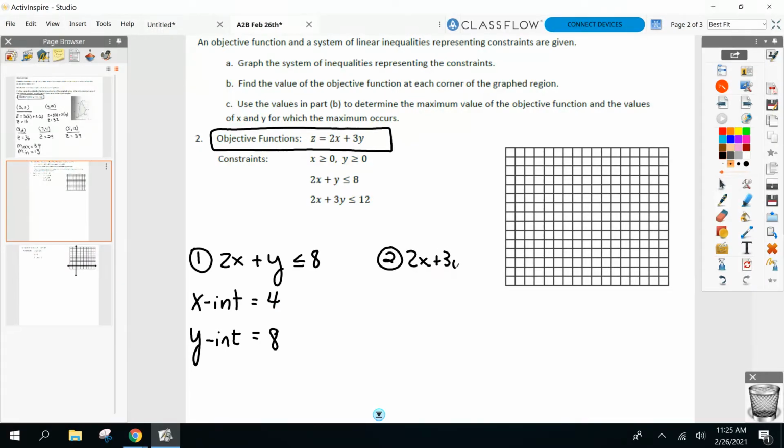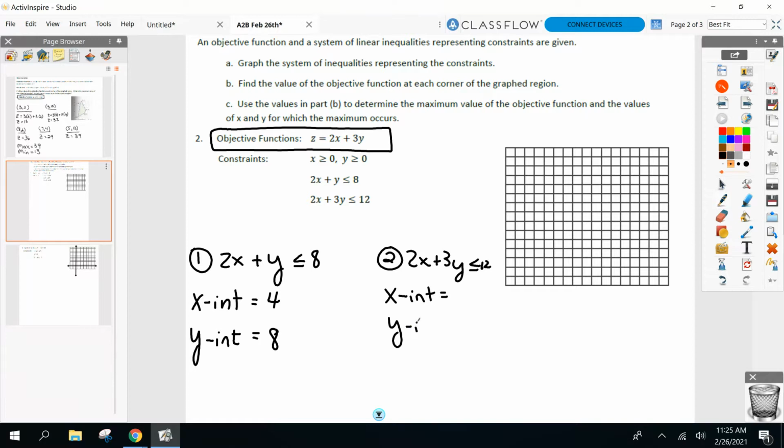2x plus 3y less than or equal to 12. Again, I'm just looking at my intercepts to see if they're going to be all positive, or positive and negative. That'll determine how I set up the graph. All right, so take this last one. Same thing that Colin just did for us.